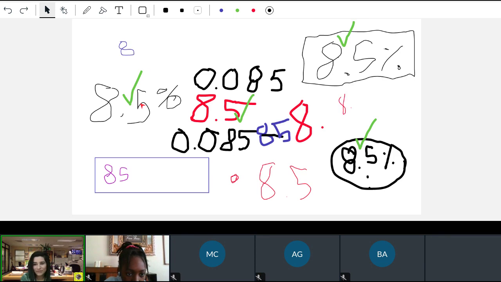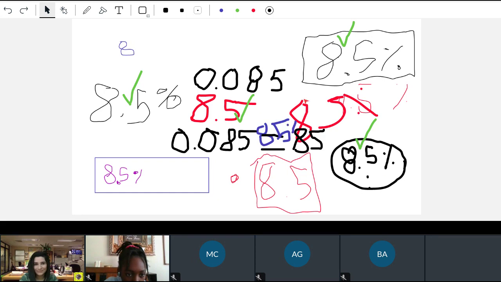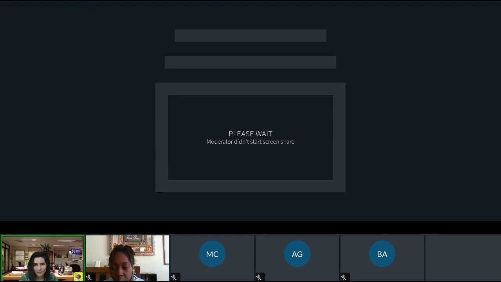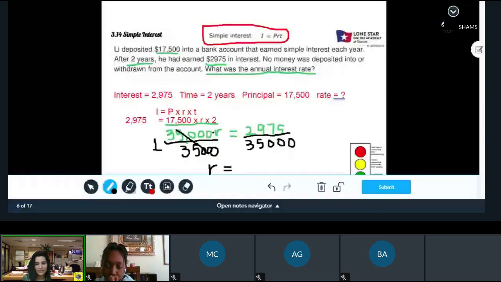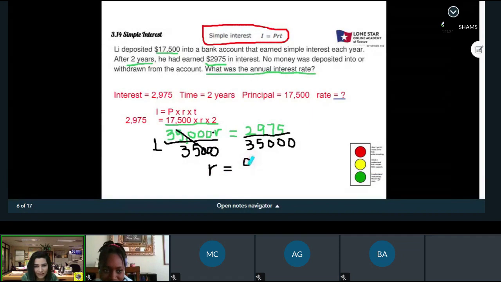That makes sense? 8.5%. 8.5 because we moved 2 decimal places for percent. Perfect, perfect. And let's move on to the quiz. So in this one, when you solve the entire thing, we ended up getting 8.5%.